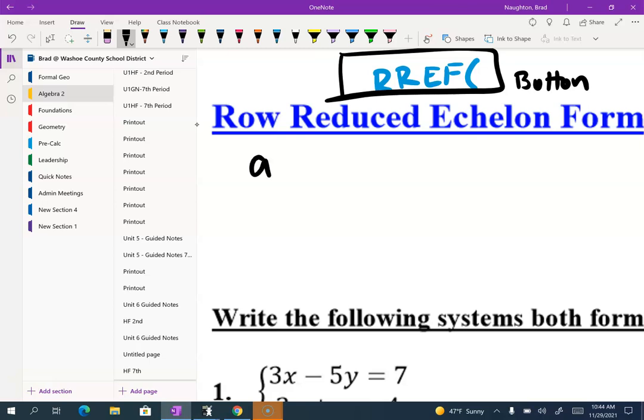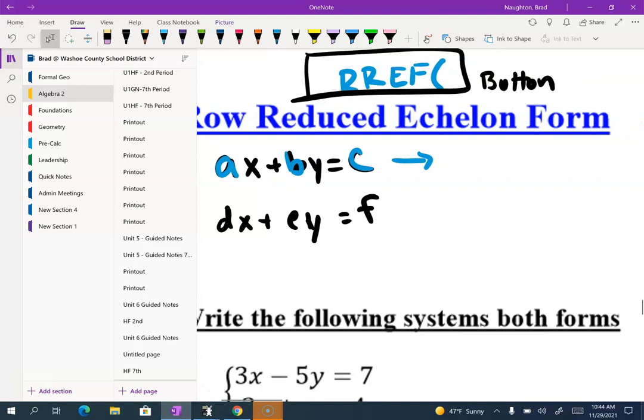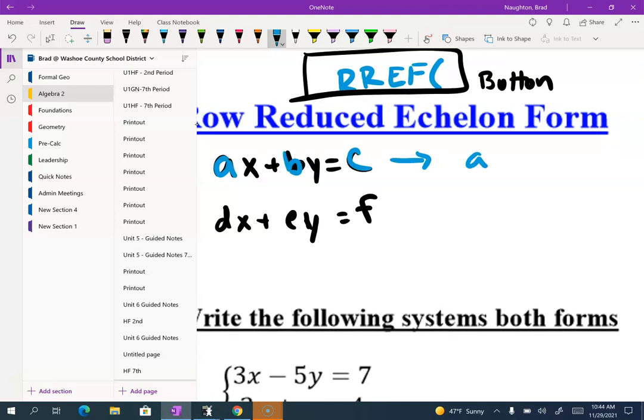And so you have ax plus by is equal to c. Then you have dx plus ey is equal to f. So what we're really going to take is the a, b, and c, and write this into a matrix. So it goes a, b, c.